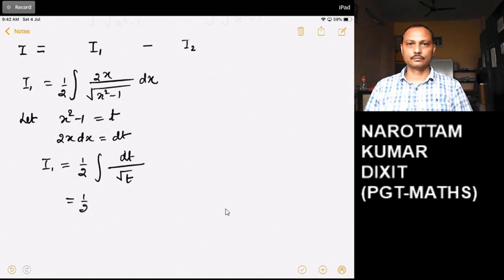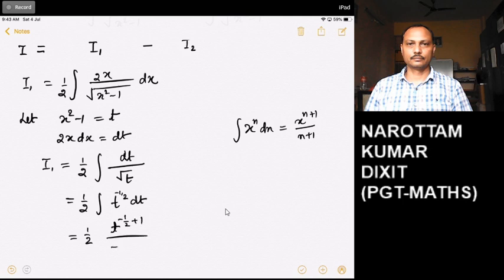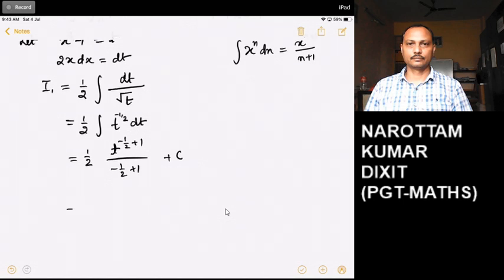It is 1 by 2 integration of t raised to the power minus half dt. You can use the formula, integration of x raised to the power n is x raised to the power n plus 1 divided by n plus 1. So here it will be t raised to the power minus 1 by 2 plus 1, divided by minus 1 by 2 plus 1, plus c. It is 1 by 2 times t raised to the power 1 by 2 divided by 1 by 2. So this 1 by 2 cancels out.